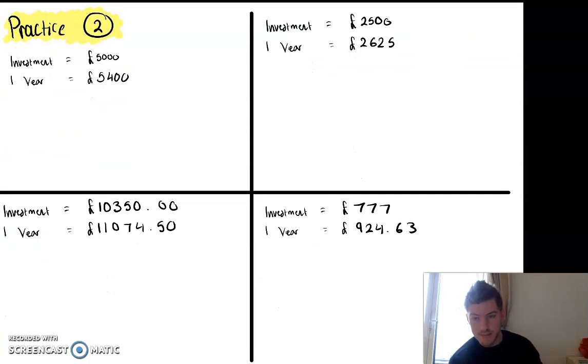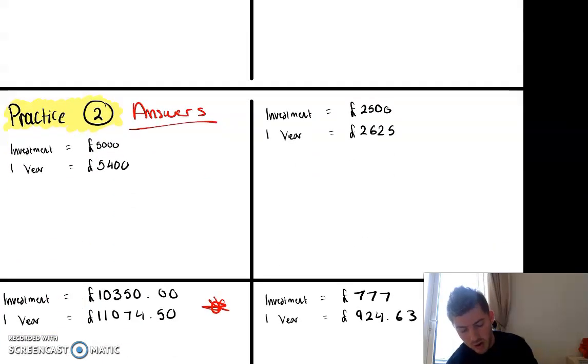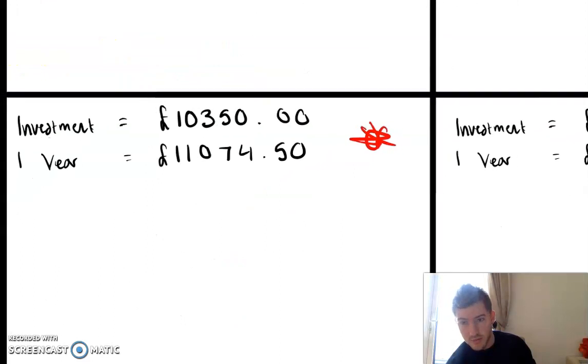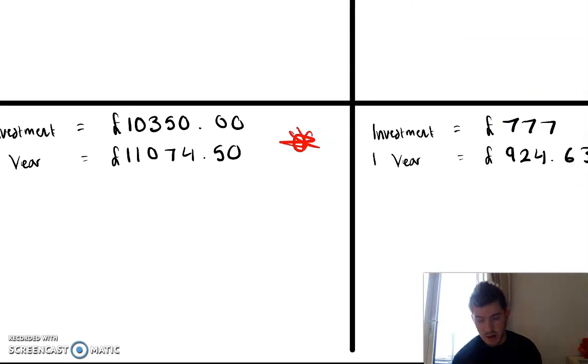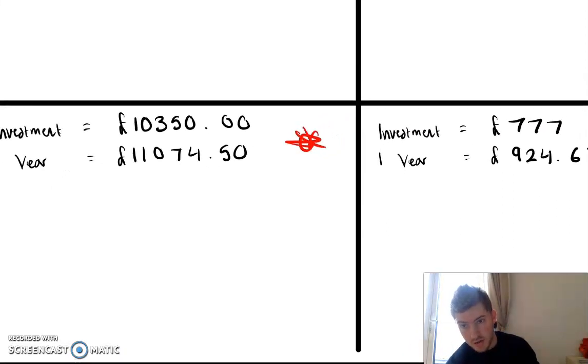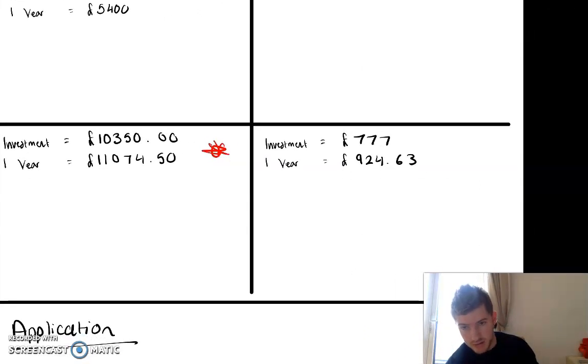There you are. Okay, so you've got a few questions here. Have a go at them. Now I'm going to quickly model one for you in the bottom corner here. So your investment is, if it's cut off there, my screen's not playing nice. So your investment is £10,350, and after a year it's 11,074.50. So what's the change? So you're going to do 11,074.50 take away 10,350.